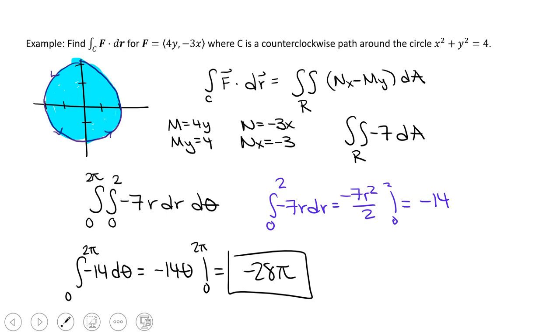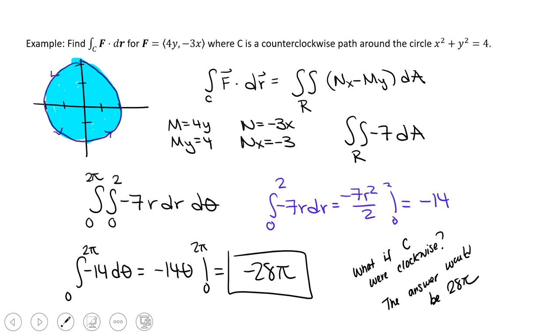The other thing I want to point out while we're doing this problem is Green's theorem told us what to do when we have a counterclockwise path, which is what we've had in both of our examples. You can still do these problems if the path is clockwise. If you're moving around that path in a clockwise motion, the only thing that happens is it just changes the sign of the answer.